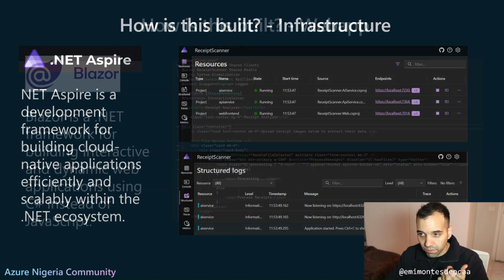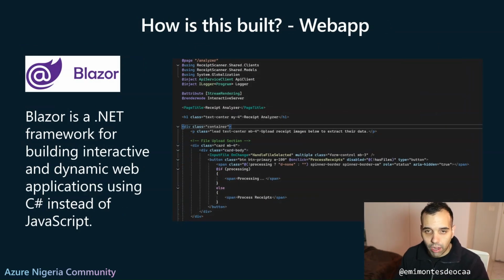Next one is the web app, right? So I use Blazor. If you don't know me, I started this journey of showing stuff to people by using Blazor, because I think Blazor is the best thing that happened to people that don't like to use JavaScript. I don't like to use JavaScript.